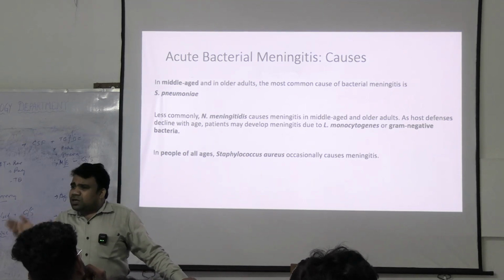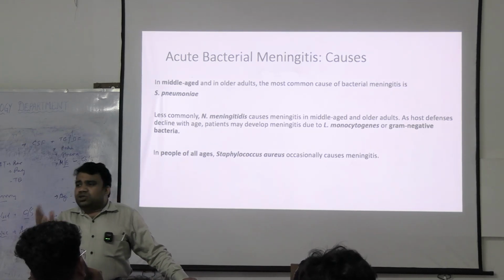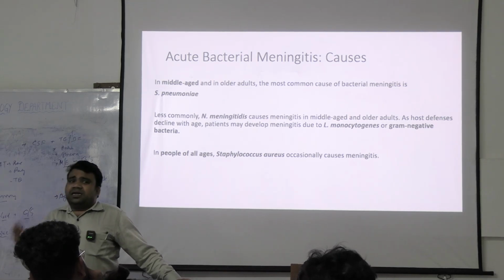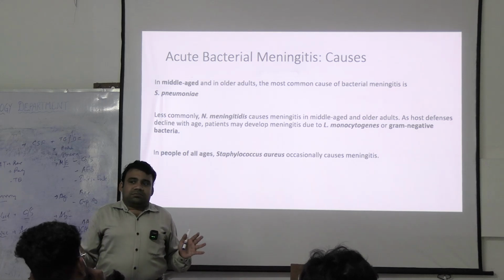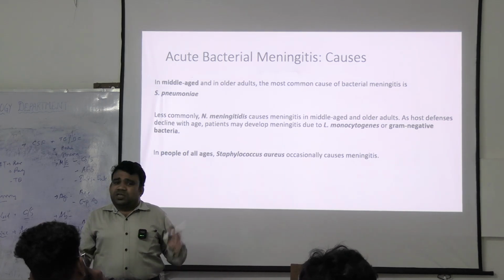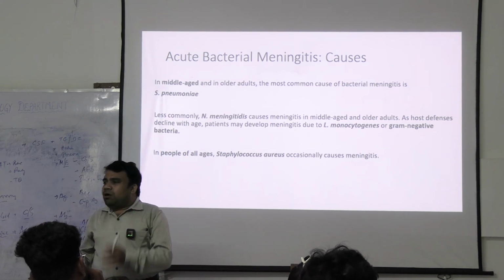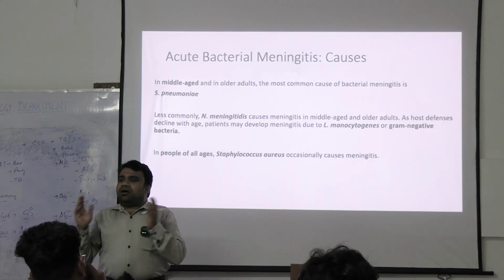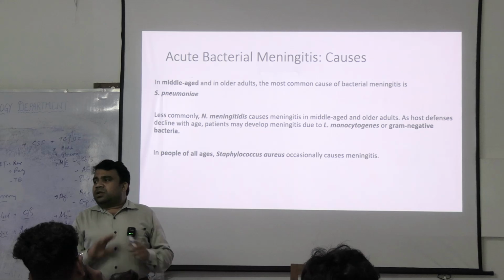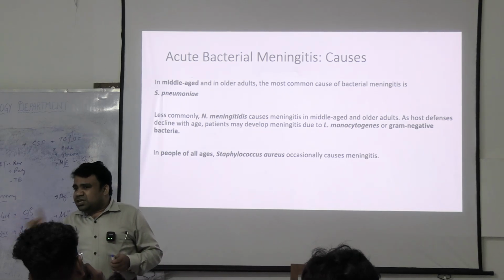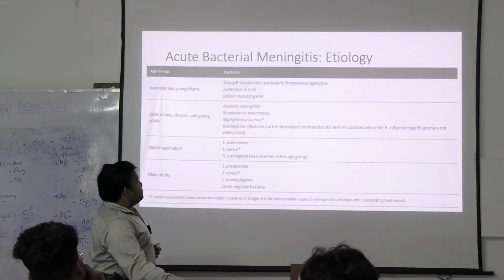Now, this is both a commensal of the human being and also a pathogenic organism. And it can cause meningitis in any kind of patient, whether immune susceptible or not, aged or not, infant or not. It can cause meningitis in all populations. That is one organism.